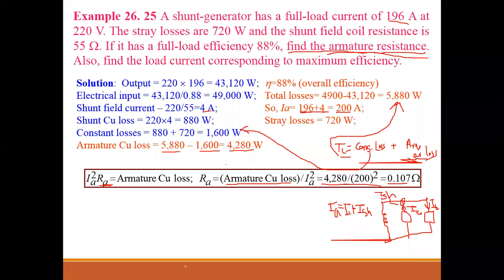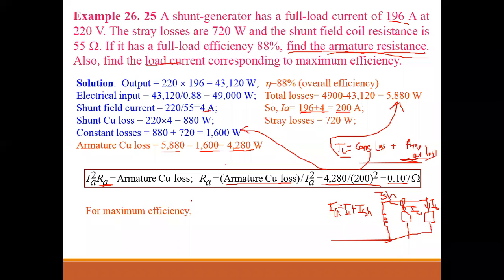Anybody, any doubt? No. Okay, fine, then we will go to find the load current corresponding to maximum efficiency. So for maximum efficiency, what is the condition? What is the condition for maximum efficiency?